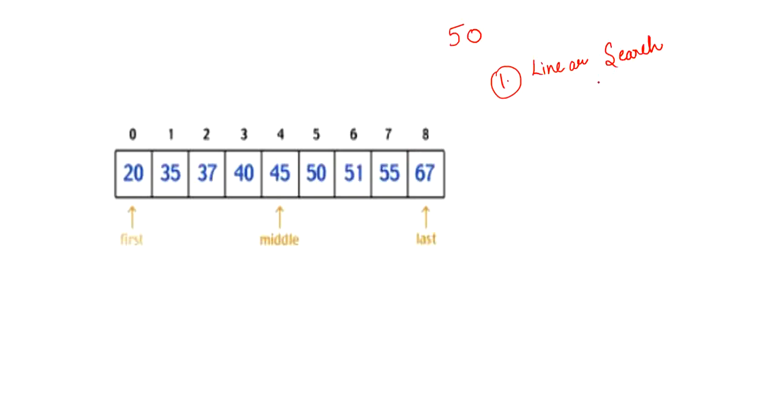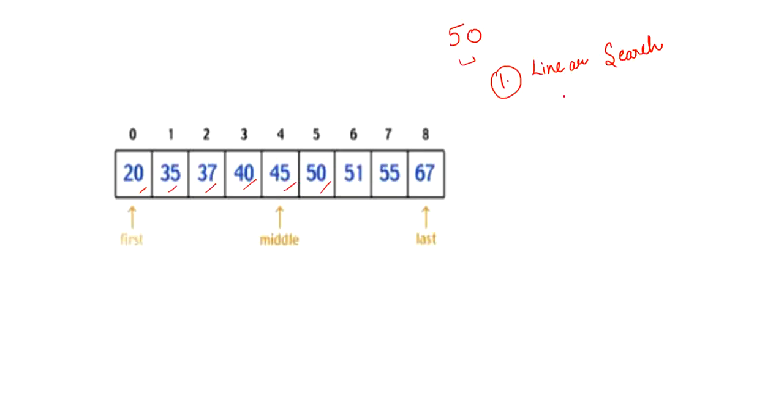So linear search algorithm follows the concept of going through each and every element of an array, right? So for example, you want to check for 50. So first we will go to 20, then 35, then 37, then 40, then 45, and then 50. So finally, when we reach 50, we will stop iterating. So this is the funda that linear search algorithm uses.